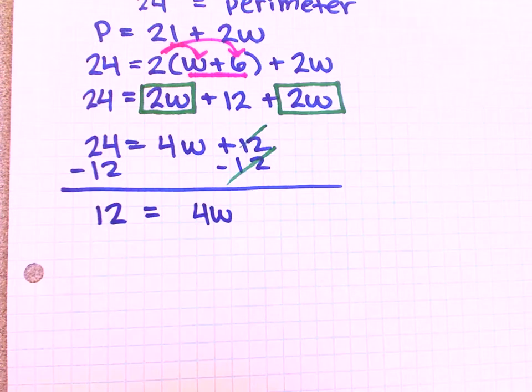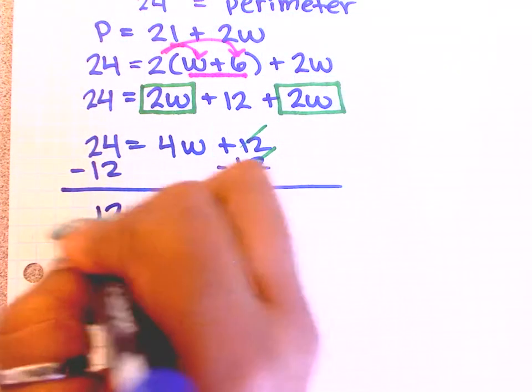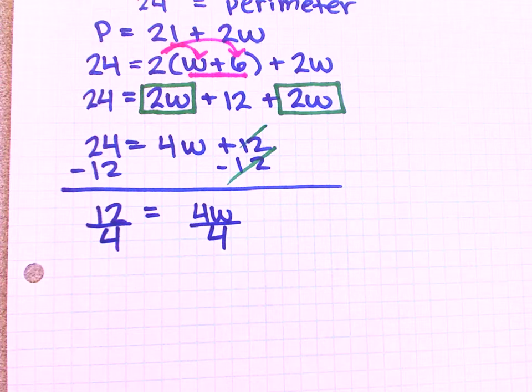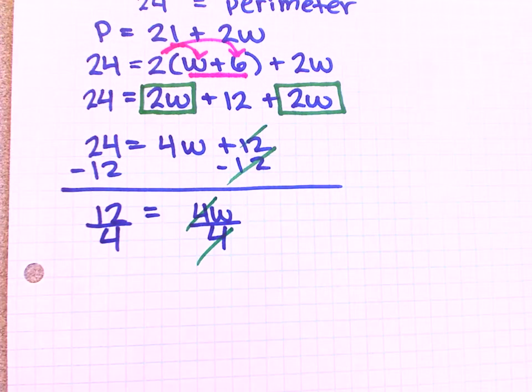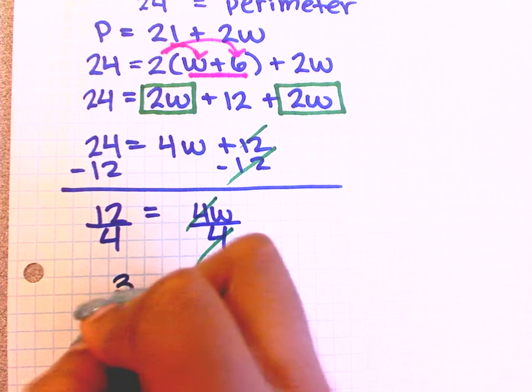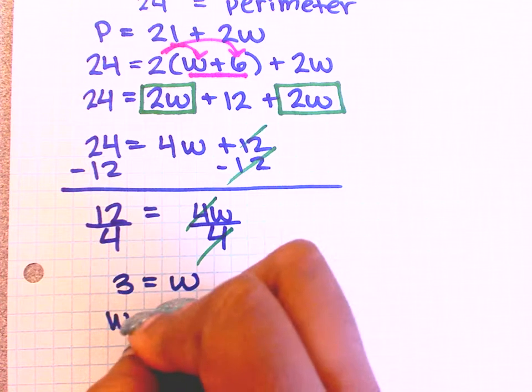We're almost there. Last step. The variable still has a number in front of it, so I divide by 4 on both sides. 4 over 4 is 1. I'm left with 12 divided by 4 is 3 equals W, or W equals 3.